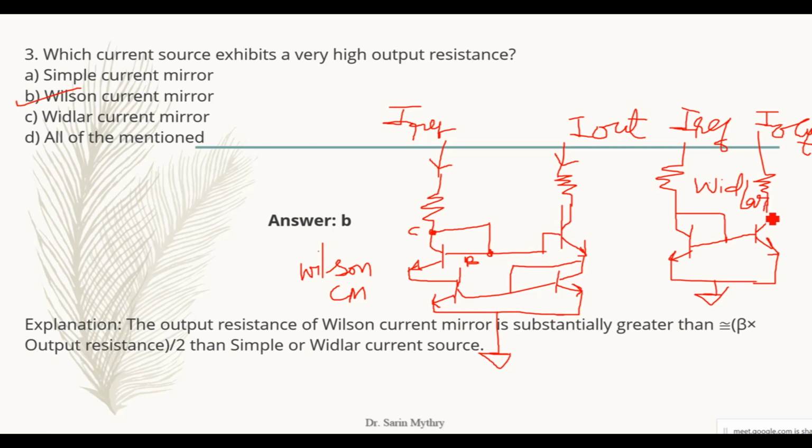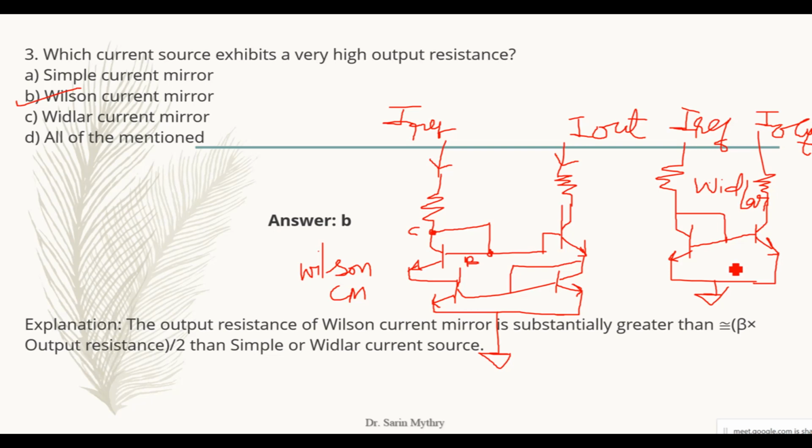Now the explanation: the output resistance of a Wilson current mirror is greater, by about beta times the output resistance divided by 2, than that of the simple or Widlar current mirror. Why? Because this kind of setup will always have a greater output resistance compared to the other. Ultimately what's our main aim?